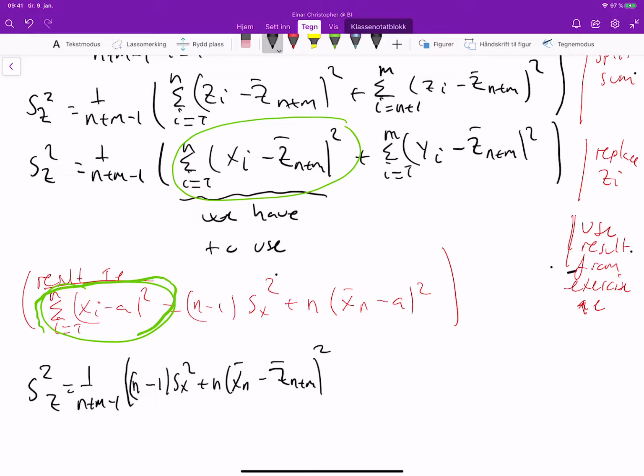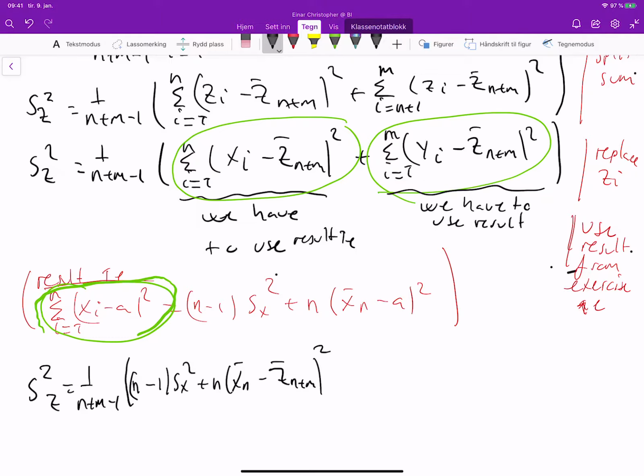And then we have to do exactly the same for this one, which also follows result 1e. So we have to use result 1e here, and we have to use it here.